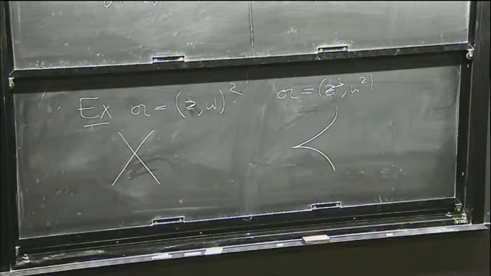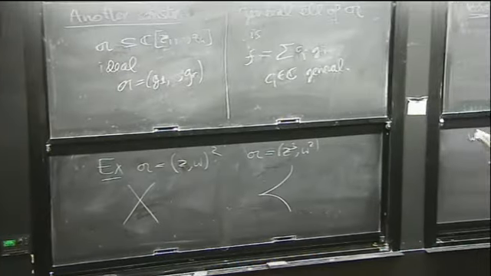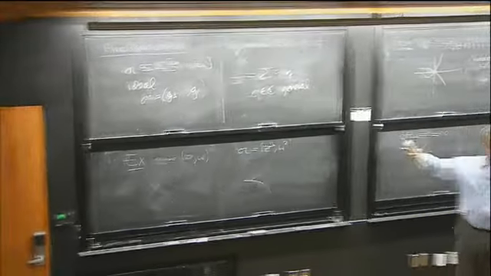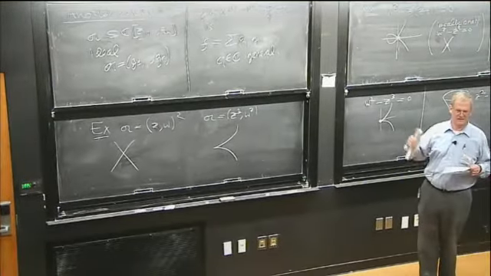Once you fix a set of generators, they're all going to look the same in some vague sense. If you take different generators, you would still have simultaneous resolutions for general things, meaning a family resolution.